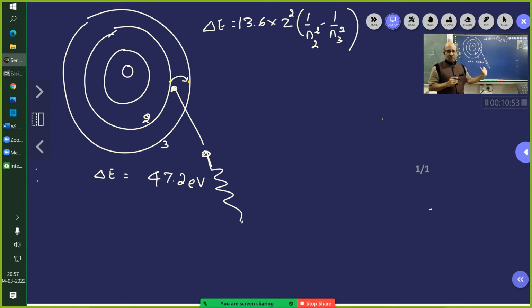It will jump from second orbit to third orbit. This energy is the energy of the photon that is given, and it is absorbed by this electron. So here this data is converted into information: this is going to be equated to the physical variable delta E, and we know from the Bohr theory delta E is given by this formulation.